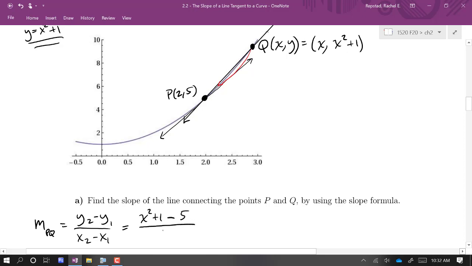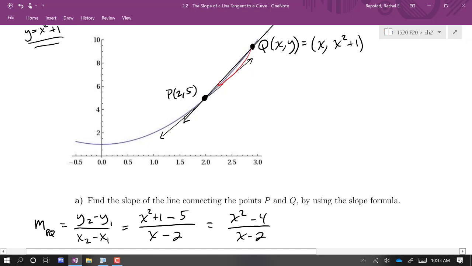On the bottom, x minus 2. And if we simplify, we've got x squared minus 4 over x minus 2. So for any point Q that I might pick for that second point on the curve, the slope will be given by this fraction right here.